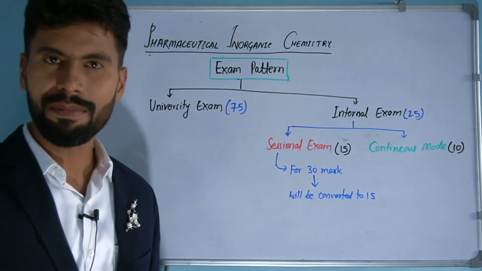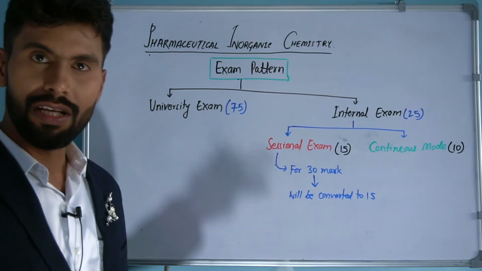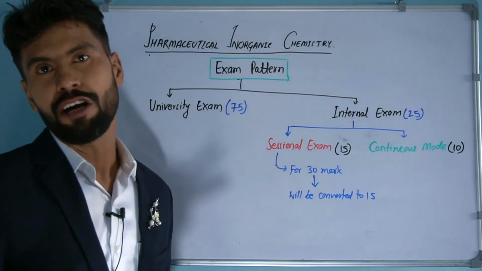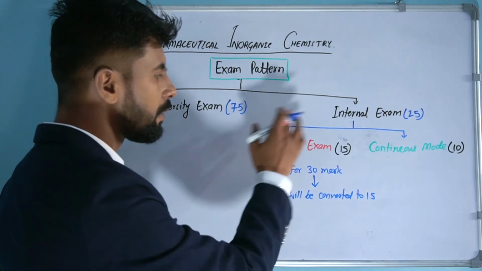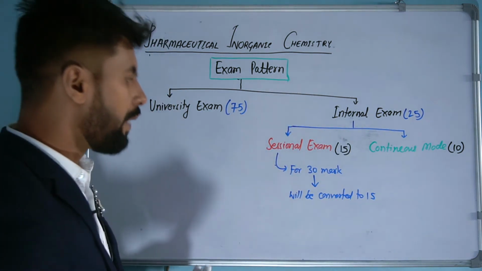They will conduct a 30 marks exam, and whatever you score out of that, they will divide by 2, and that is the marks you are going to get from your sessional exam.